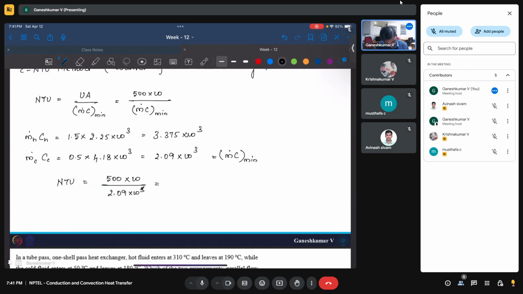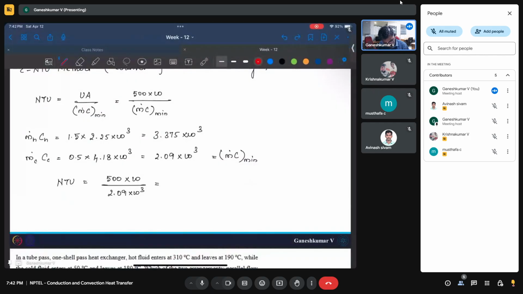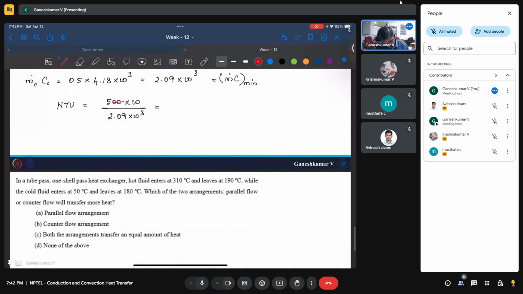So you can remove this. 5 divided by 2 is like 2.5, 2.39, 2.3923. So this is your NTU.